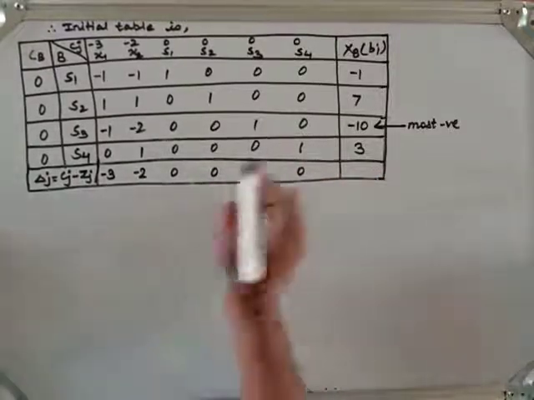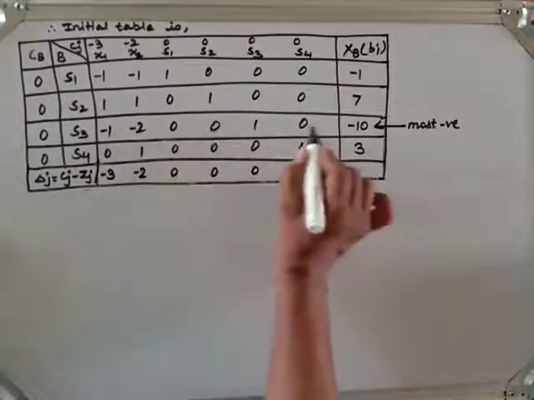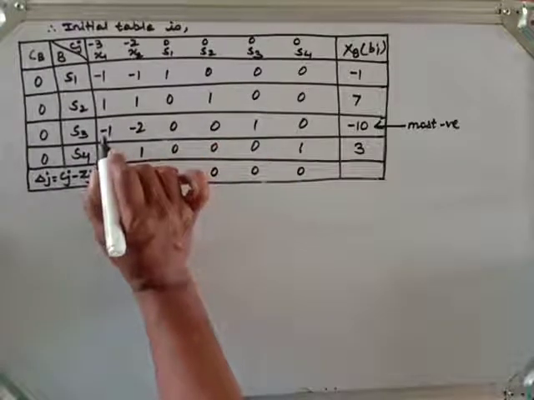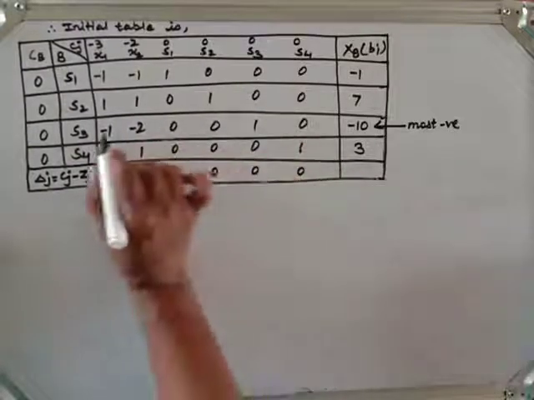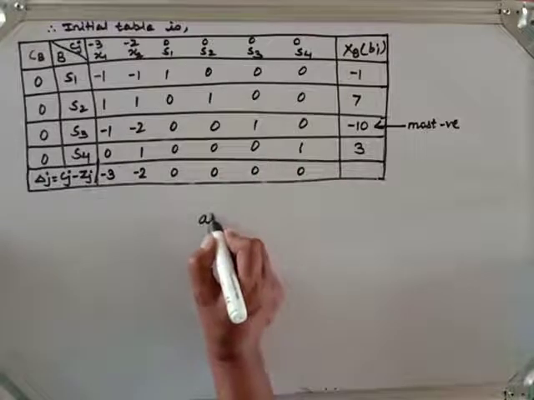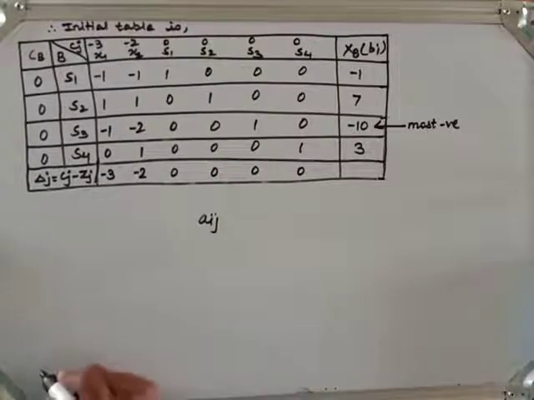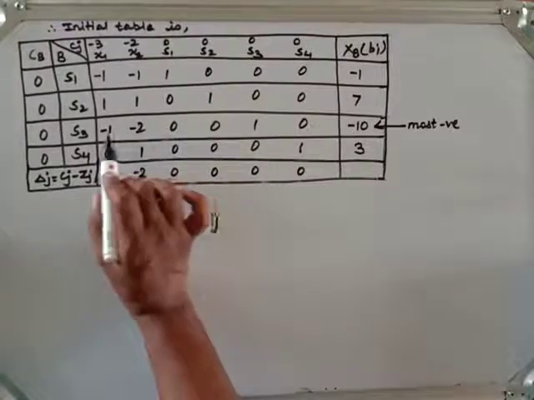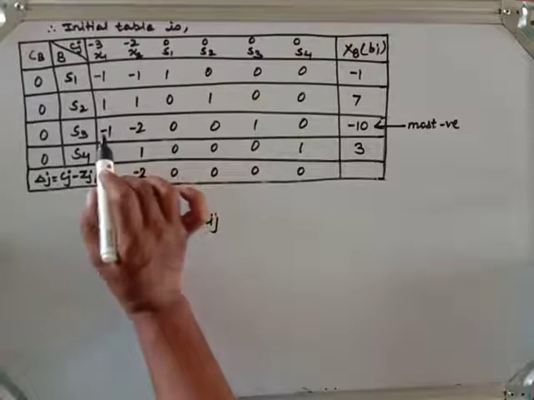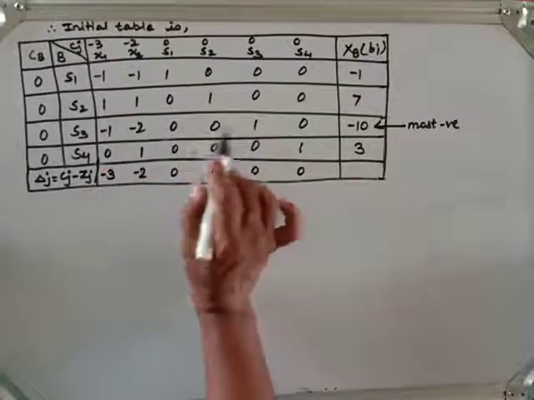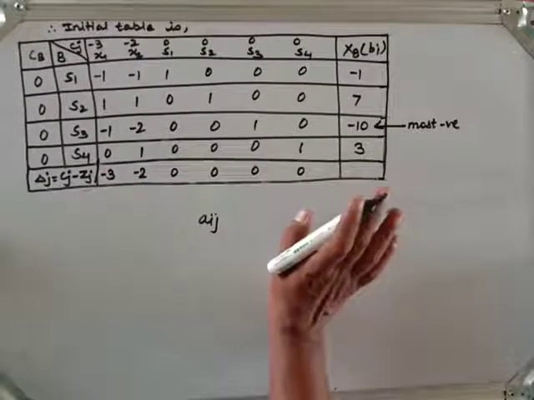For the pivot column, look at the entries of the pivot row. These entries we have named aij. Now here, if the pivot row has all entries positive, then the problem doesn't have a feasible solution.